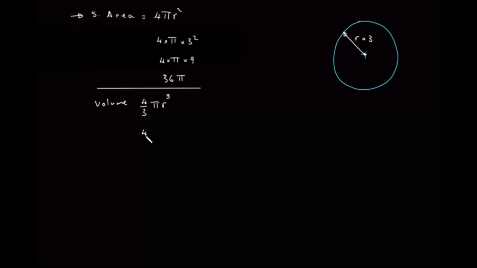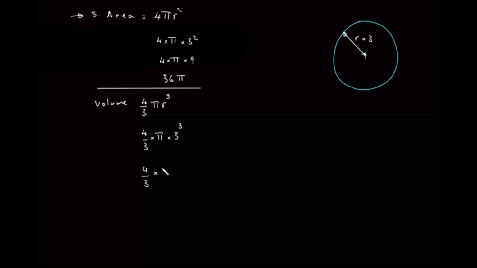We got 4/3 times pi. We're just substituting in. There's the 3 times 3 raised to the power of 3. If you like, this is 4/3 times, I'll move that so it's in there.